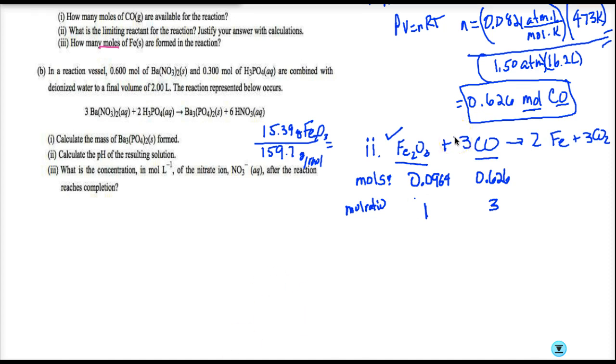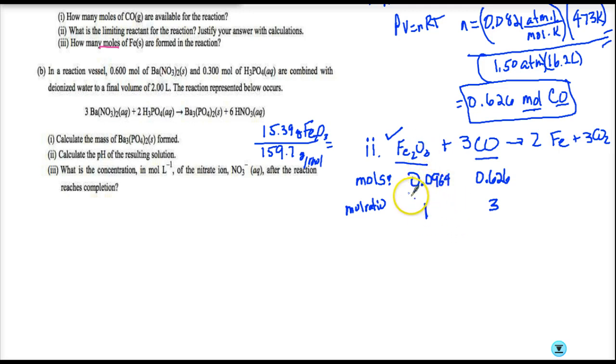But now let's take it a step further. So this equation says 1 mole of iron oxide combines with 3 moles of carbon monoxide to produce 2 moles of iron and 3 moles of carbon dioxide. Okay. So in the nitty-gritty, I have 0.0964 moles of the iron oxide.